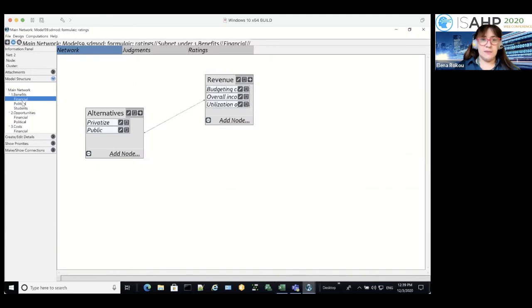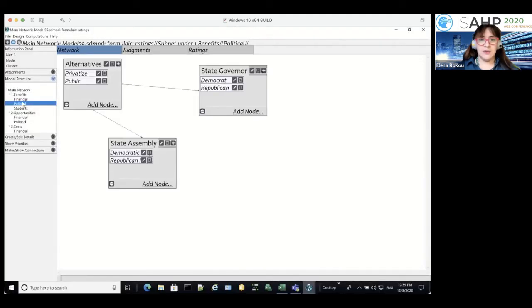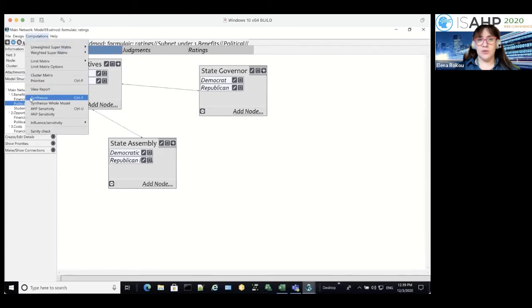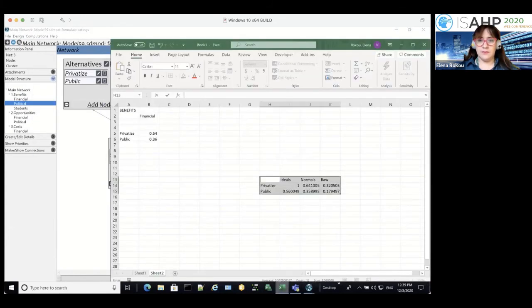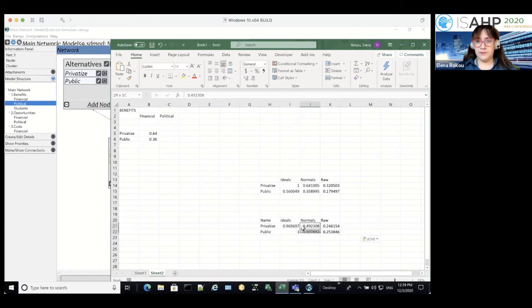I'll repeat the process for the political network. Here, I'm in the network, and then I'm going to synthesize. As you see, I just keep the values that I need.